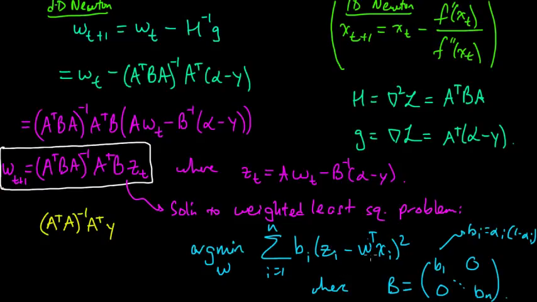It was minimizing something that looked like this, but without the bi's. That was just a regular least squares problem. And now with the bi's, it's called a weighted least squares problem. So these are the weights, bi.